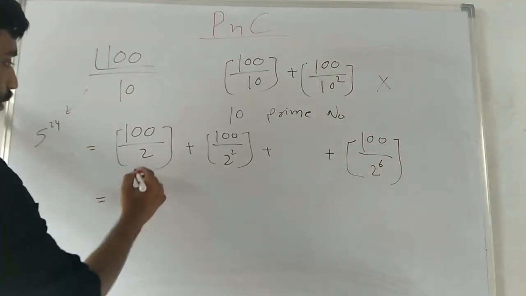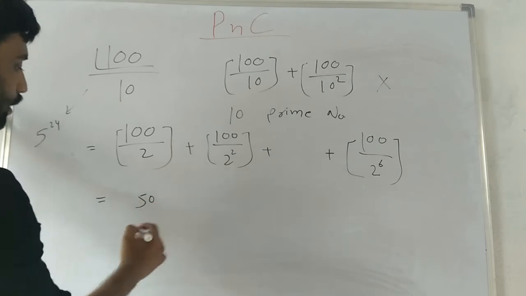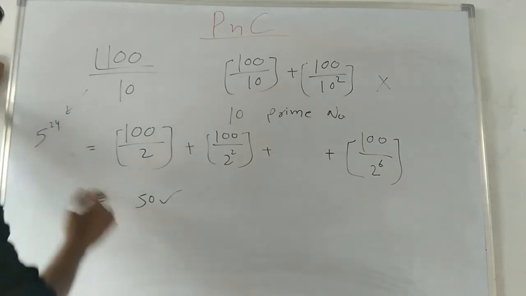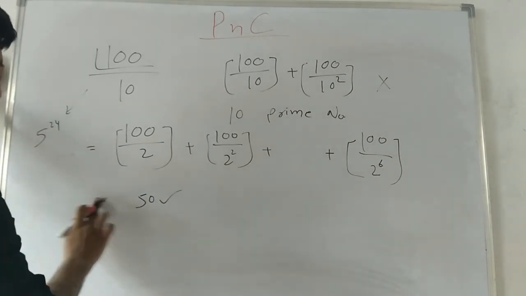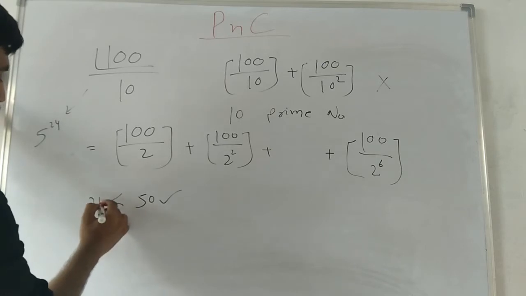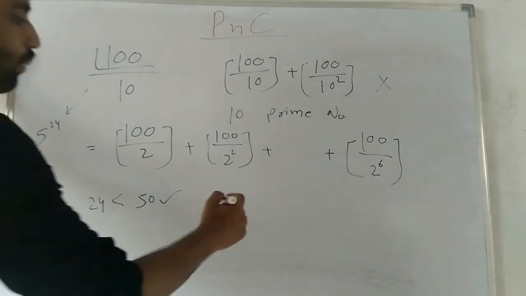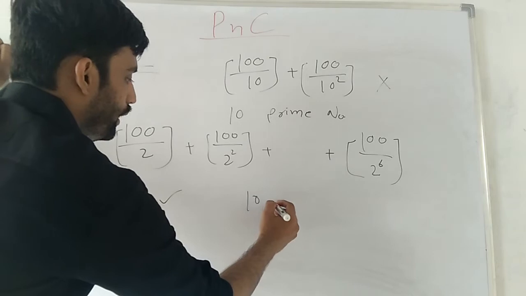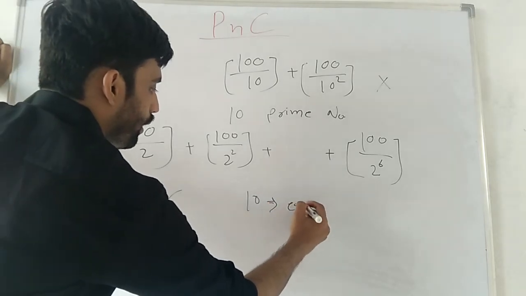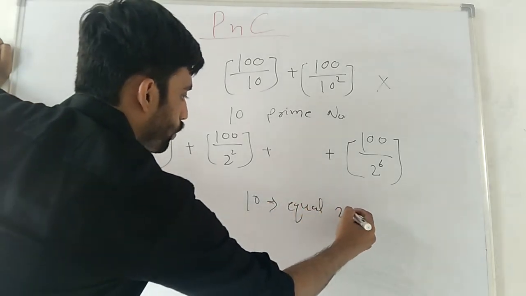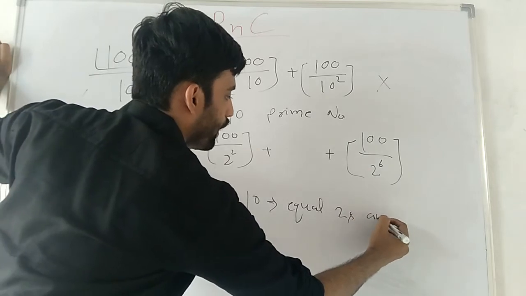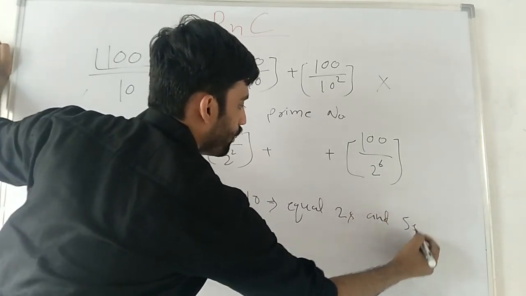In the first calculation we will get the integer 50, which is bigger than 24, and to form a 10 we need an equal number of 2's and 5's.